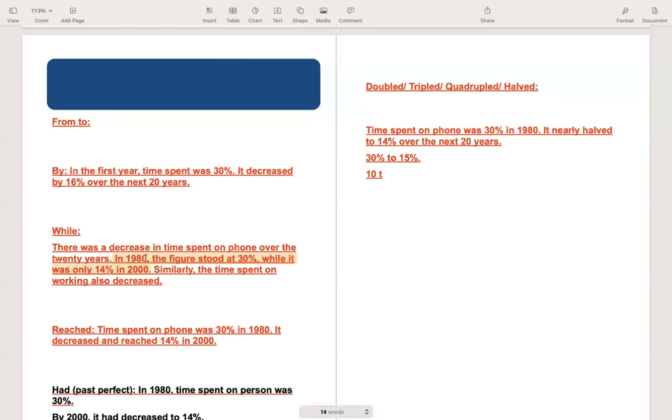Now he knows it decreased. He doesn't have to look at the figures exactly. He knows, okay, in the first year the figure is going to be more, and in the second year it's going to be less. So the first sentence says the decrease and the second sentence supports it by giving the data.